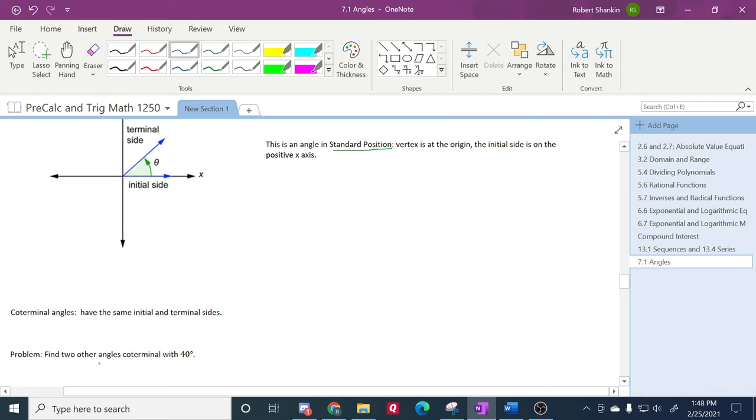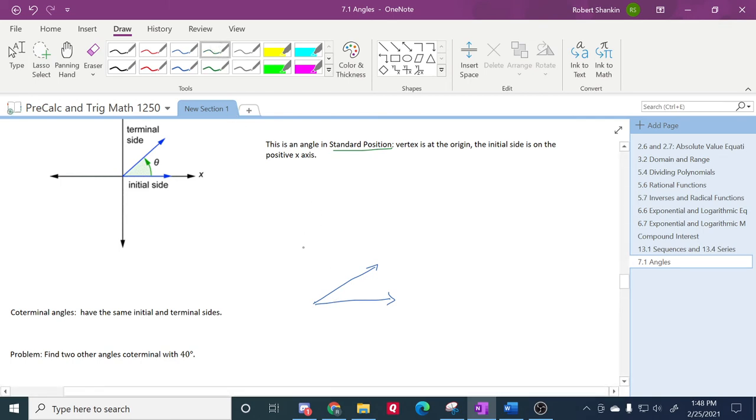Okay. To get another angle coterminal with 40, you'd have to start in the same place. Now, 40 degrees is a little less than 45, which is over here. You have to end up at the same place, but you could go an extra revolution.